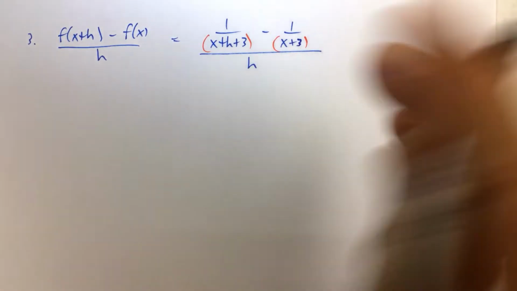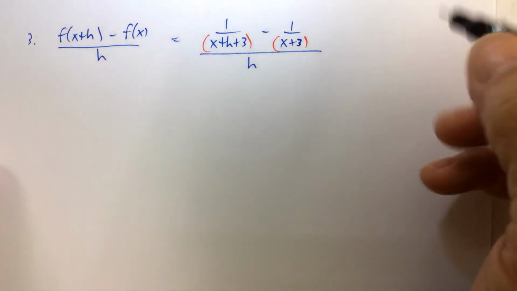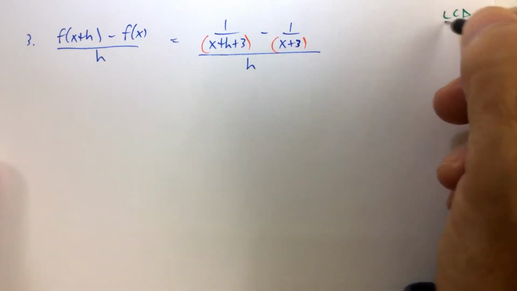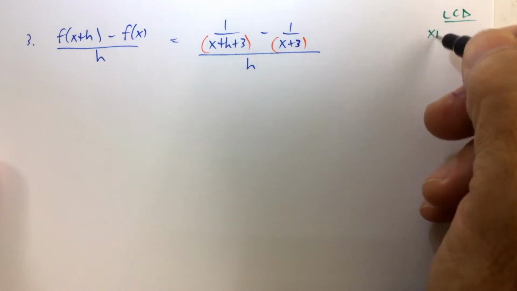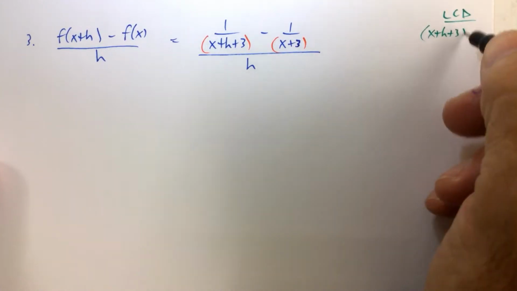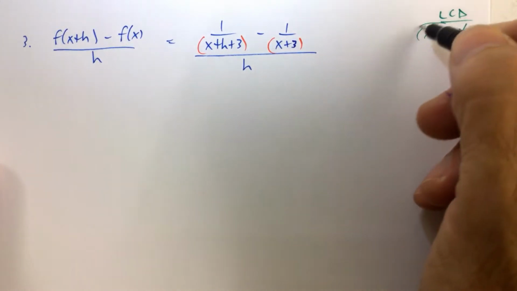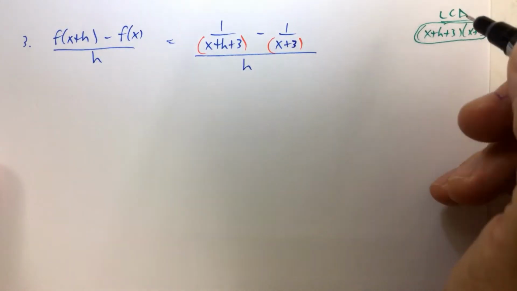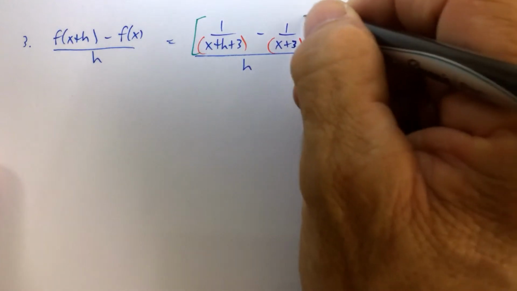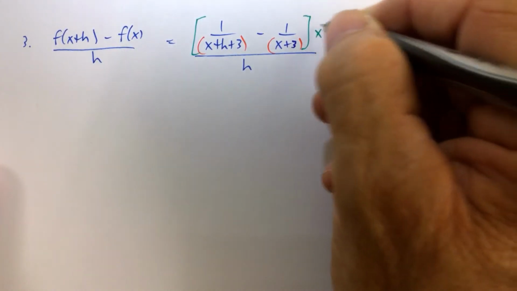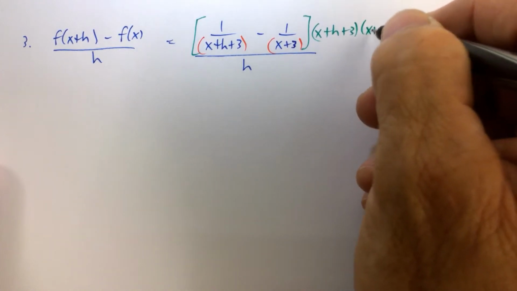In a complex fraction, here's my suggestion. Find your lowest common denominator, and we can hopefully clearly see the lowest common denominator is x plus h plus 3 multiplied by x plus 3. If you can identify that as your lowest common denominator, then all you have to do is multiply top and bottom by x plus h plus 3 times x plus 3.